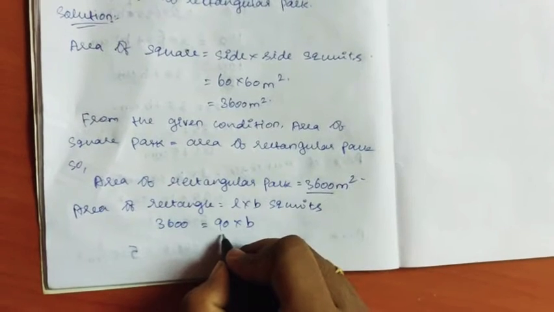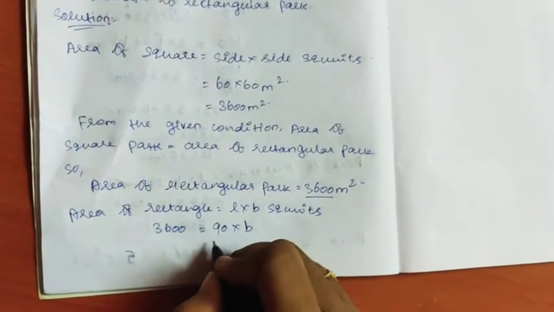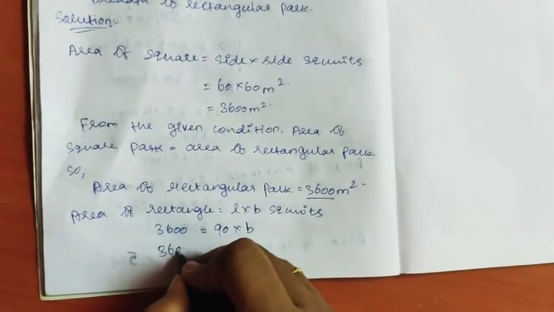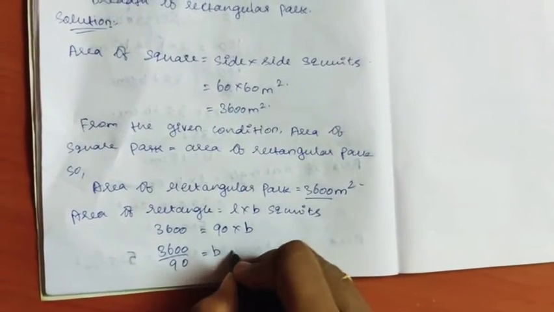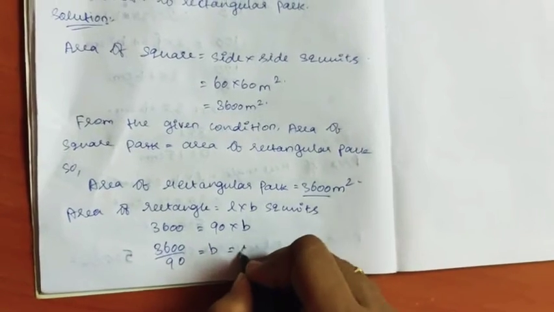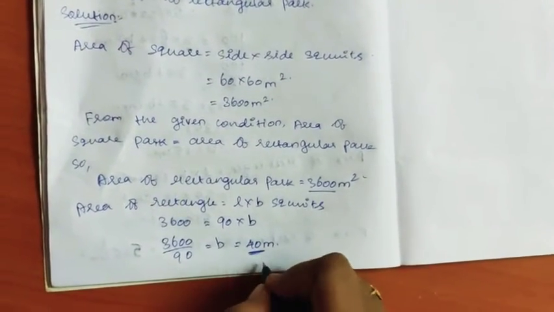Here 90 is in multiplication. So when we take this 90 to left hand side, it becomes division. So 3600 by 90 equal to breadth, which is equal to 40 meter. So we got breadth as 40 meter.